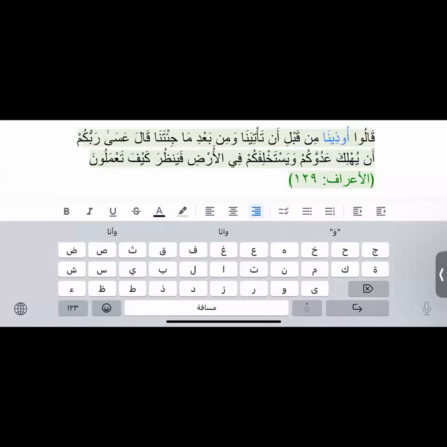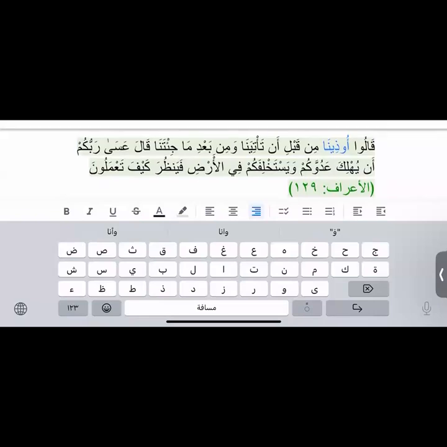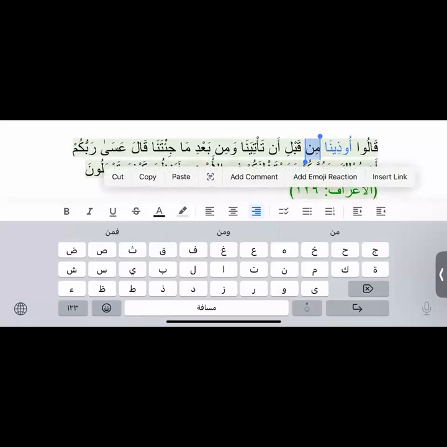And min qabli is going to be jar wal majroor, mutalik bil fi'l, an ta'tina. What is going to be the status of an ta'tina? An is masdariya, harf istiqbal, harf nasb, right? Ta'tiyana. Let me just see it properly.